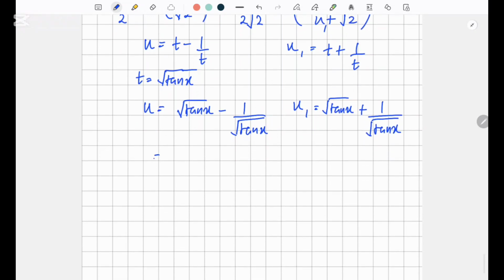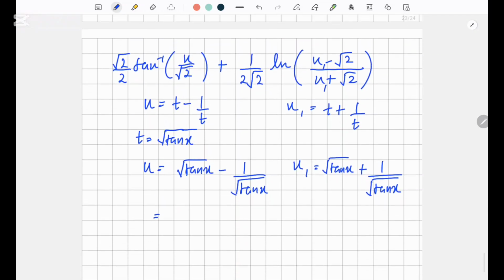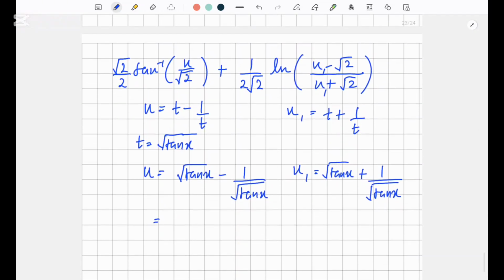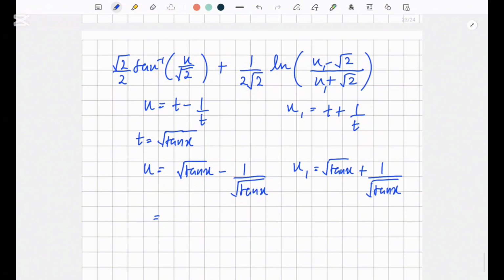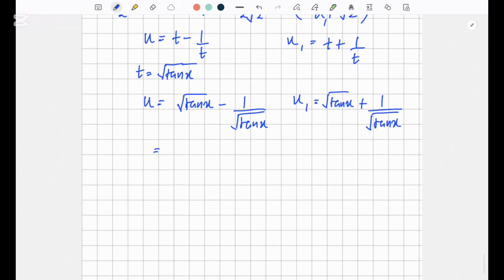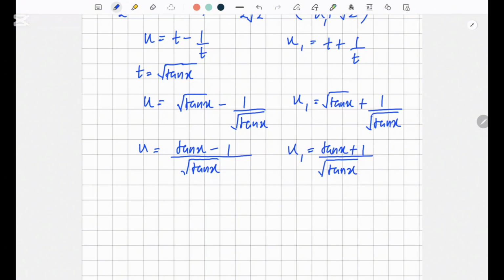So if you take the common denominator, it would be tan x minus, wait, do you need a common denominator? You could also write your answer like this if you want to, but yeah, let's just take a common denominator. So tan x minus 1 over root tan x is u, and u dash equals tan x plus 1 over root tan x.